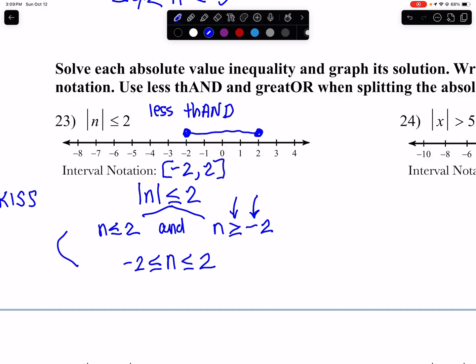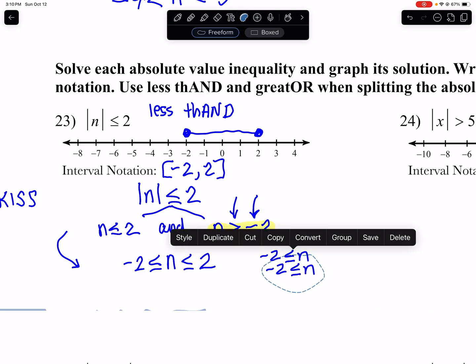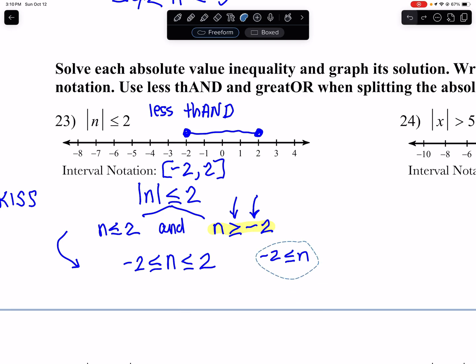If you don't like going from here to here, I would advise you to take this and flip it around so it looks like this, and then do my little approach that I told you with the technology. Whoops, I think I took something I didn't want to take.